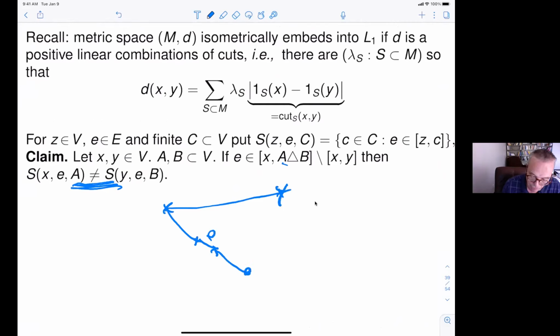Assuming you have an E, these two elements cannot be the same.